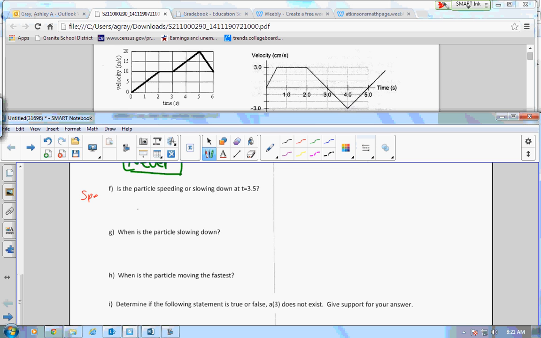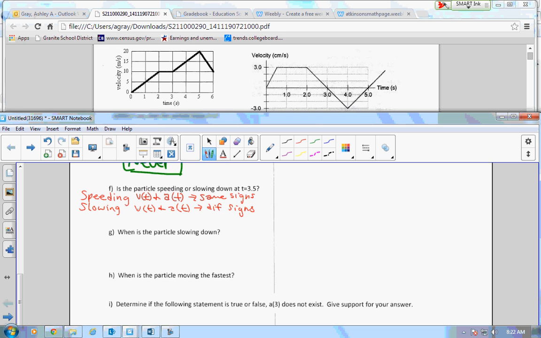We're speeding when velocity and acceleration have the same sign. EE, 2 same vowels in a row. Velocity, acceleration, the same sign. Versus slowing, velocity and acceleration have what type of signs? Different signs.